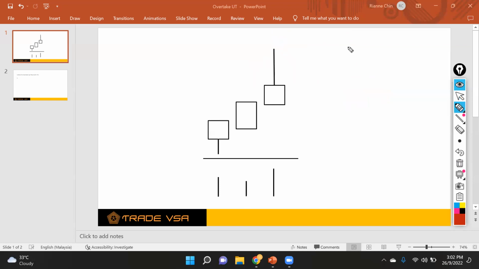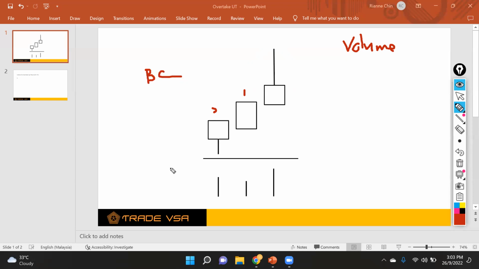The first point, volume, is pretty good. The second thing is that you want to look into the background, meaning the previous one, two, three or four candles. So volume and where the market stage is. Do you see any buying climax? Remember we talked about buying climax a few weeks ago.